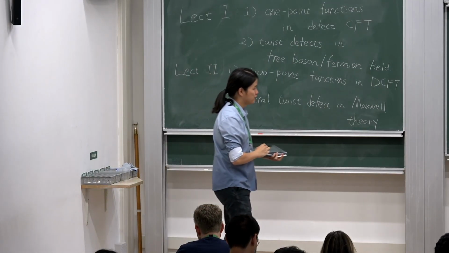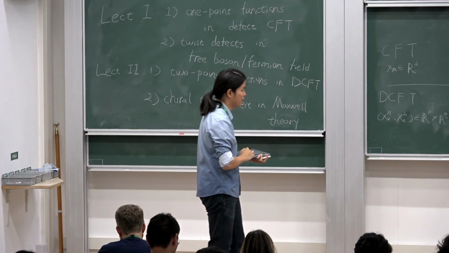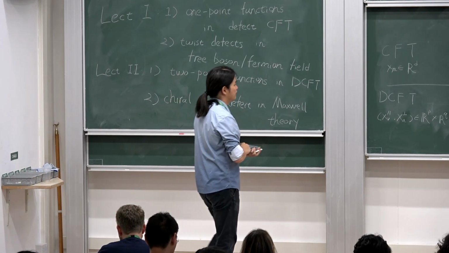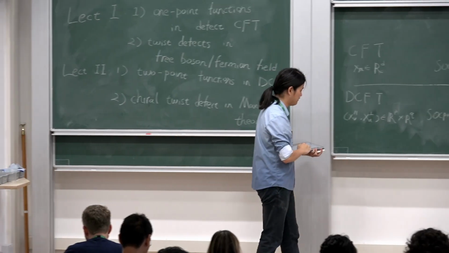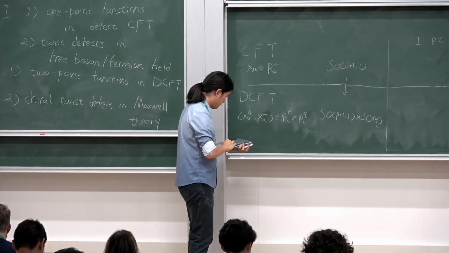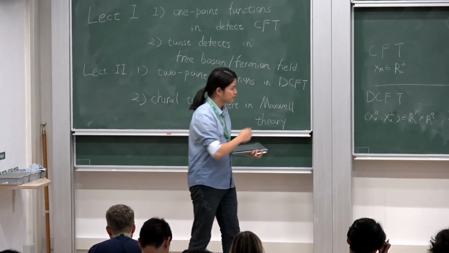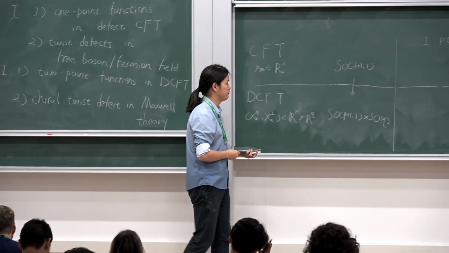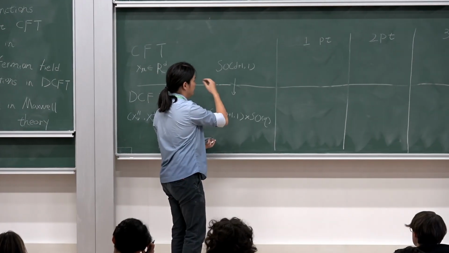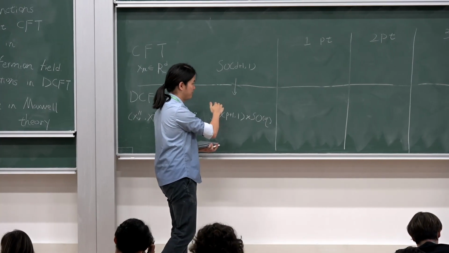Okay, I want to start with some general remarks about the CFT and our hero of the story, that is the DCFT. So the CFT in a d-dimensional Euclidean spacetime has a conformal symmetry, which is SO(d+1,1), where d is dimension.